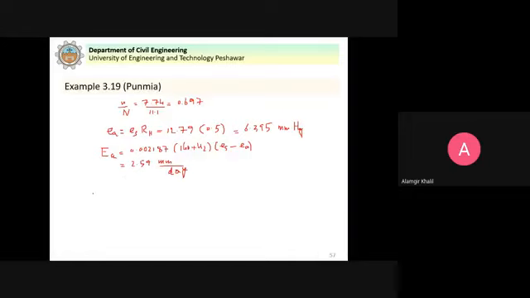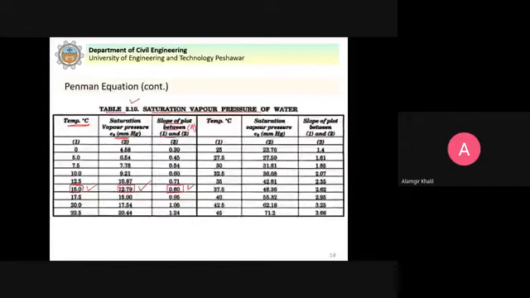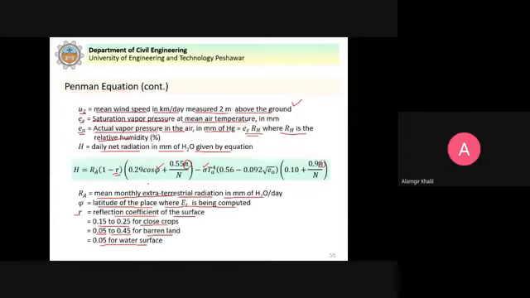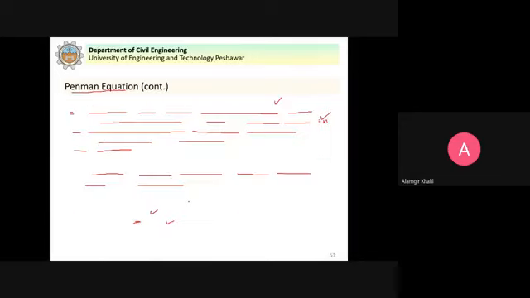Next we have rice. This is given in the question. This crop is rice. We have to estimate the value of the small r. Clear? This small r here is the reflection coefficient of the surface. Because for rice, you can see here for close crops, it can be between 0.15 to 0.25.